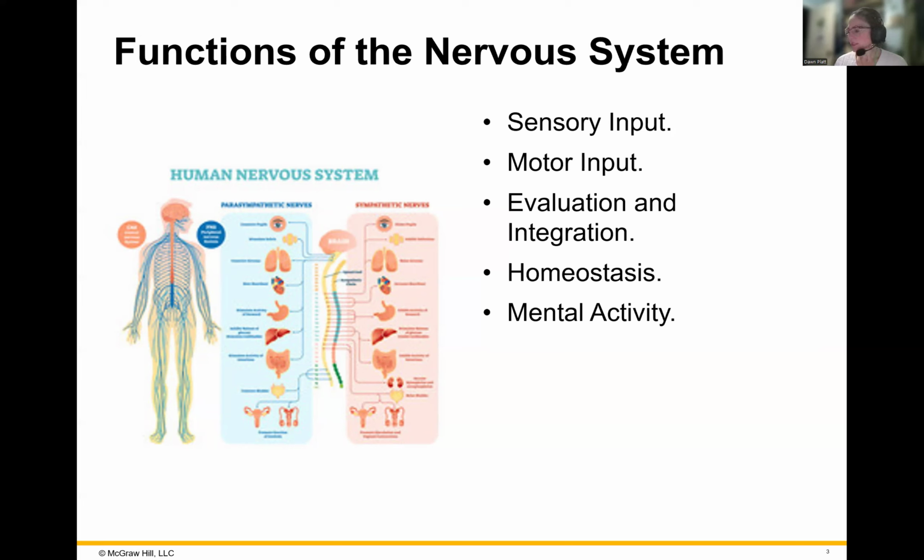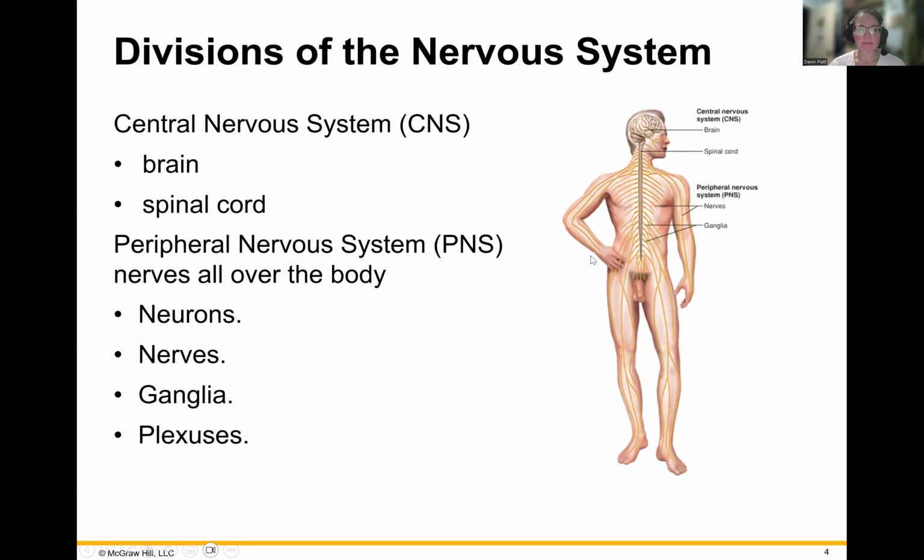The functions you can see here: sensory input, motor input, evaluation and integration, homeostasis, mental activity. Our central nervous system just consists of our brain and the spinal cord, and then the peripheral nervous system is going to be all of those nerves that branch off of those two areas.